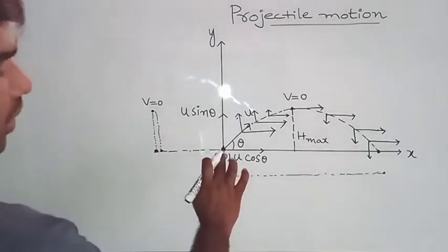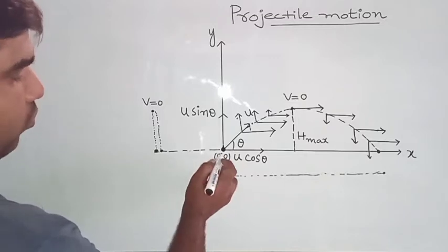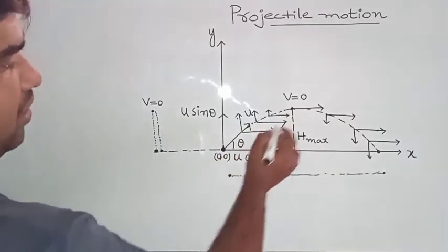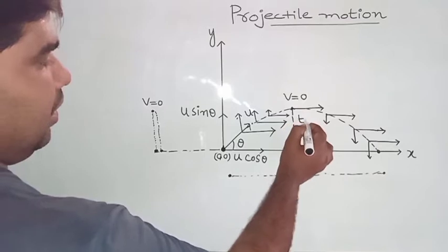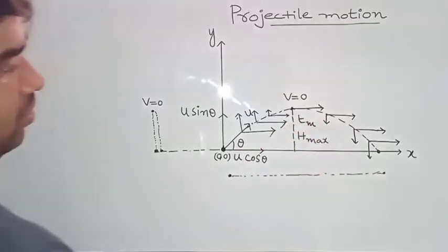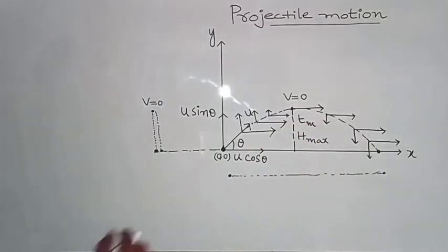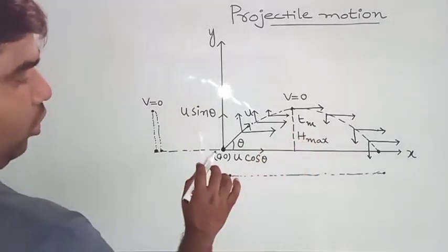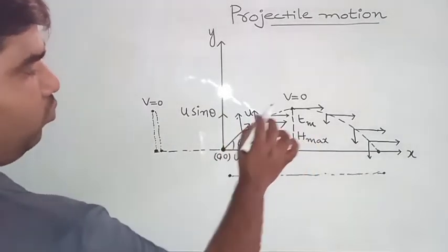Now, to reach from the projection point to maximum height, how much time is taken? Here, time of maximum height, Tm, assume. Time of maximum height means how much time is taken by the particle to reach from origin to maximum height.